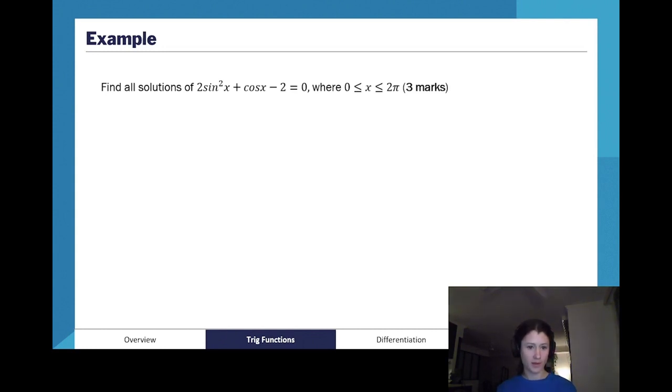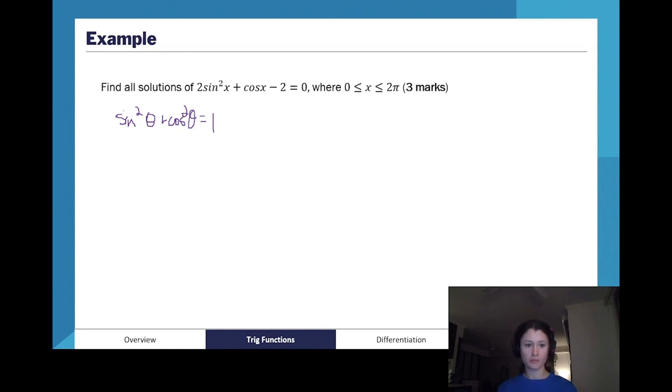Remember the Pythagorean theorem that we learnt, where we had sine squared theta plus cos squared theta equals 1. We learnt that previously in the lecture.